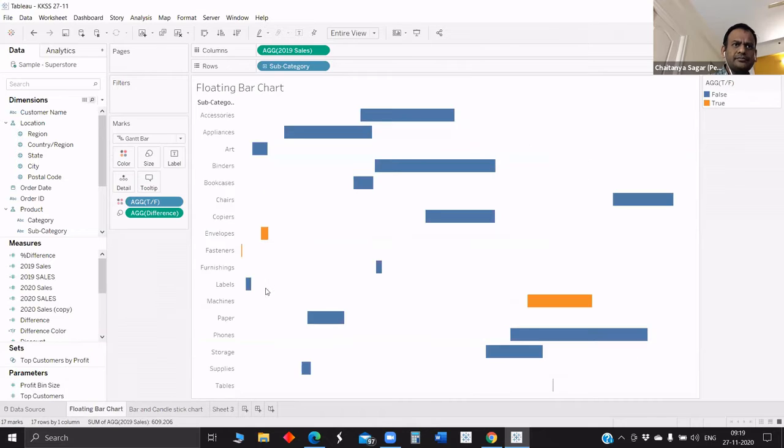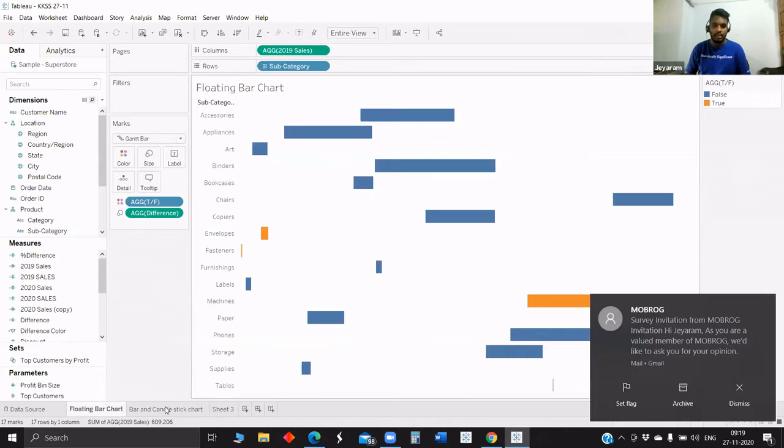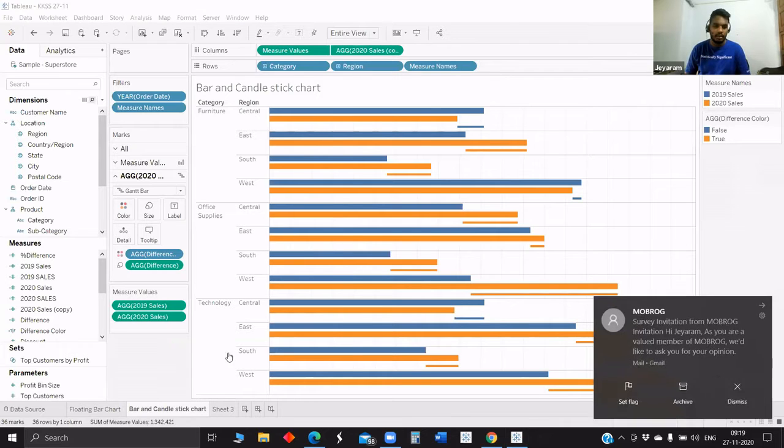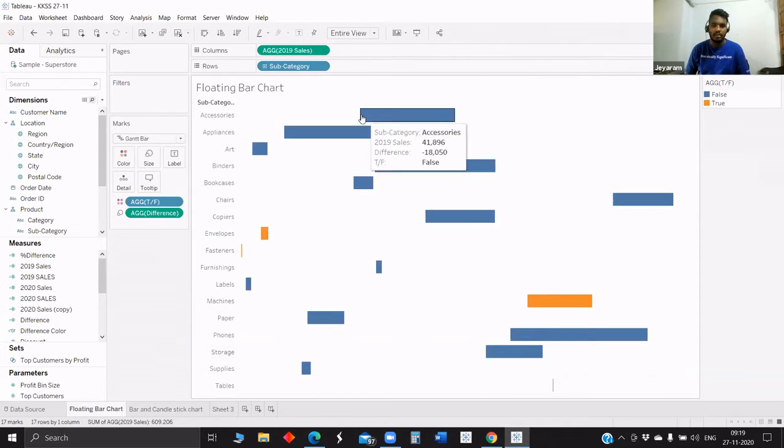Yeah. In the next one, we have separate bars for 2019 and 2020, and they are just showing the difference separately. But in the other one, the left end is 2019 and the right end is 2020, and the length of the bar says the difference.